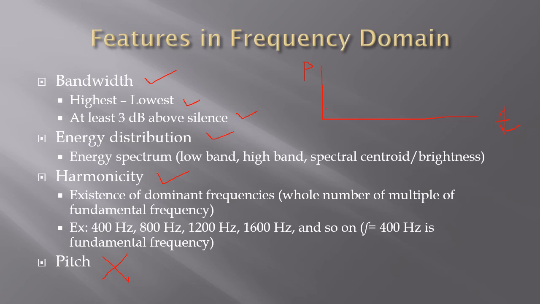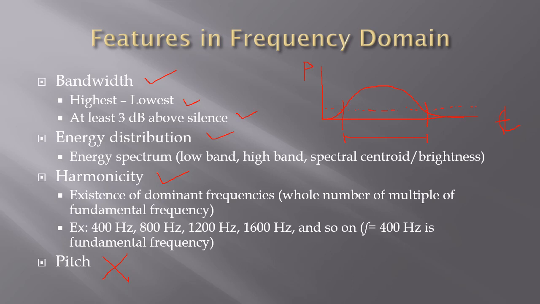Let's say that 3 dB is this dotted red line. Now we have a signal like this one. Any signal below the dotted line is considered to be in the silent area. So when we calculate the bandwidth, the actual bandwidth is only from this part to this part. So this is the bandwidth.